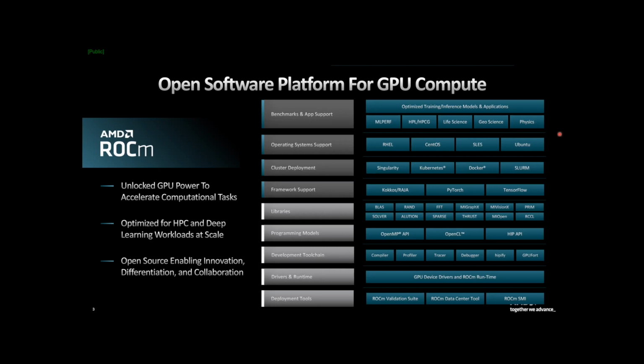So ROCm is a huge ecosystem, I would say. We know that installation sometimes can be a bit tricky, but it's open source everything, so this is another advantage, that people can contribute also, etc.